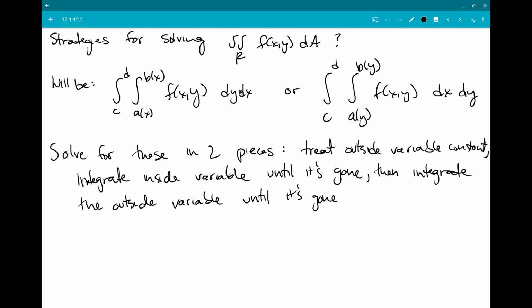And when I say outside and inside variables, I'm talking about your inside variable is y, outside variable is x for that first one, or for the second, x was inside, y was outside. And so let's just look at the first one.